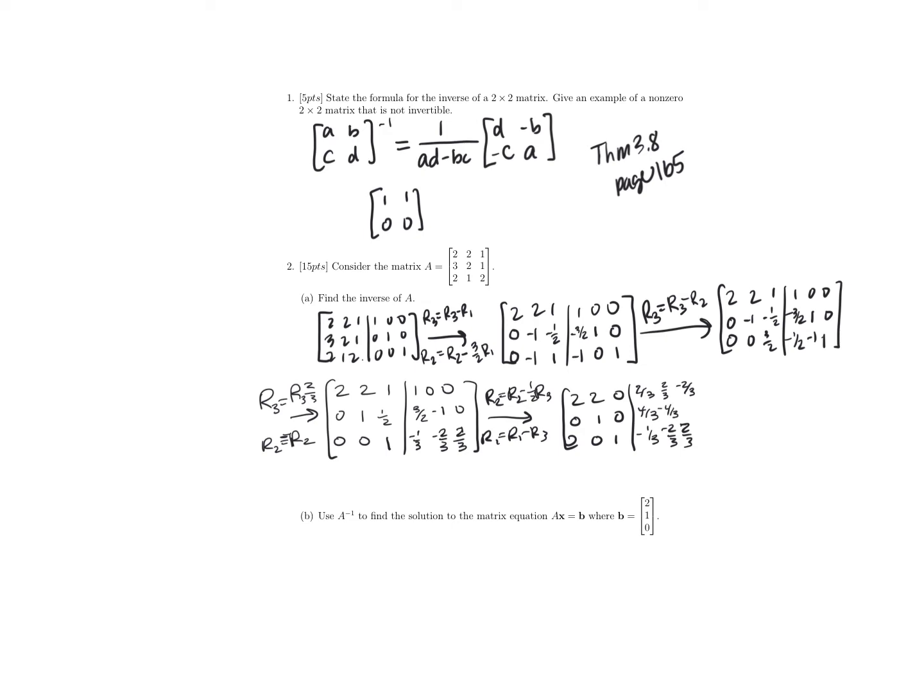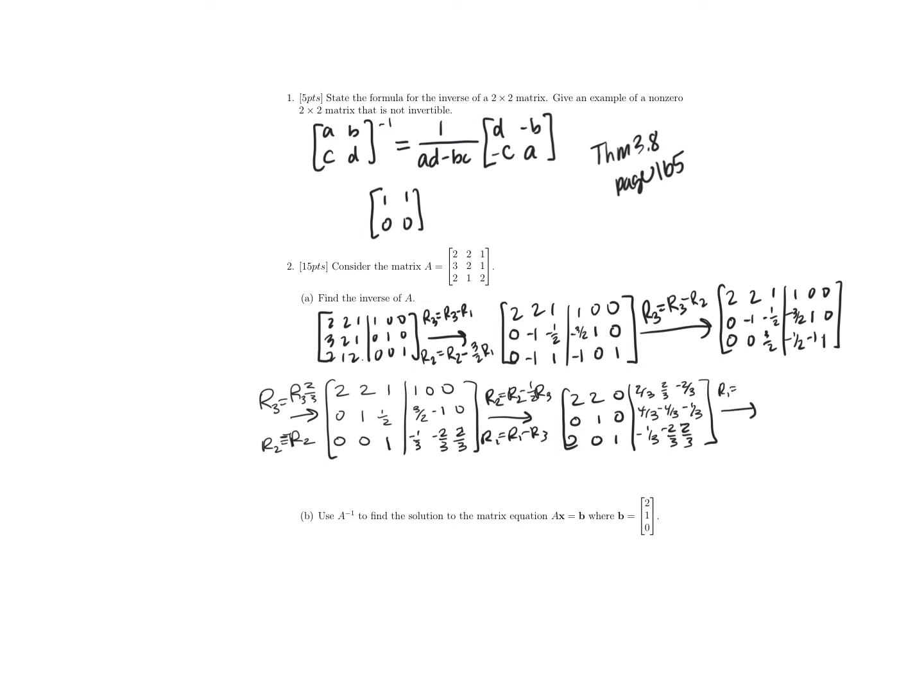And then when I do 0 minus 1/3, that gives me negative 1/3. Okay, almost there. So then I could do row 1 divided by 2.